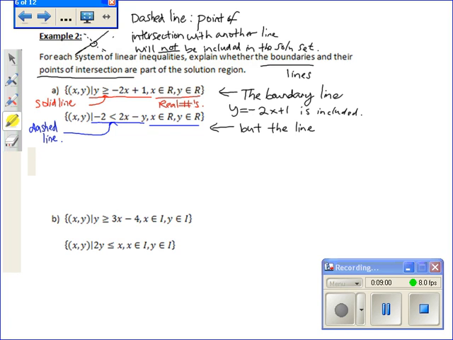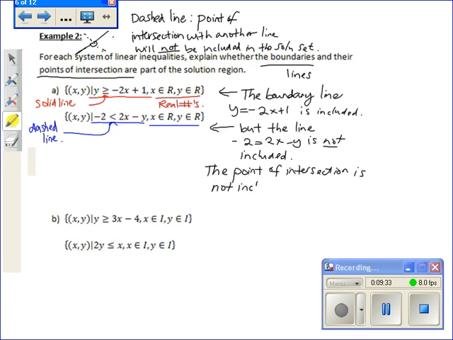The line negative 2 equals 2x minus y is not included. Because one of these lines is dashed, the point of intersection will not be included either. So the point of intersection is not included in the solution set.